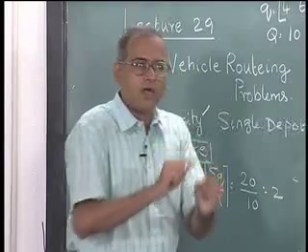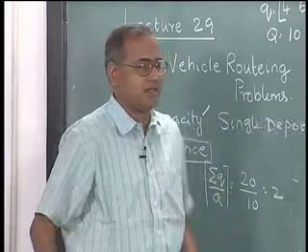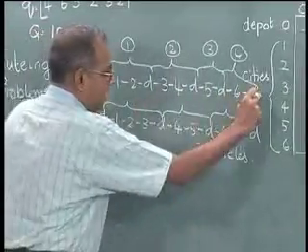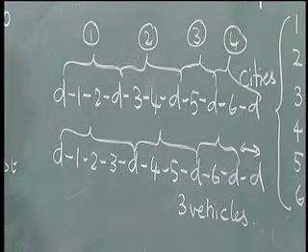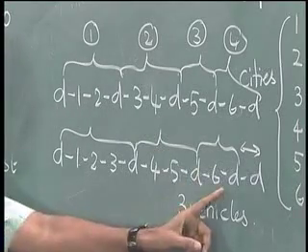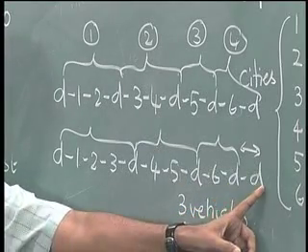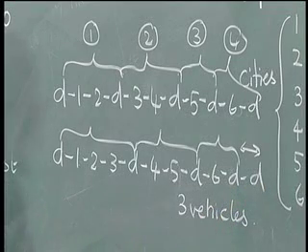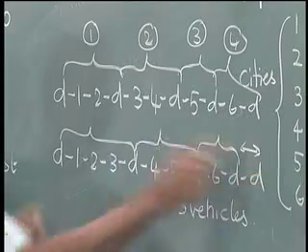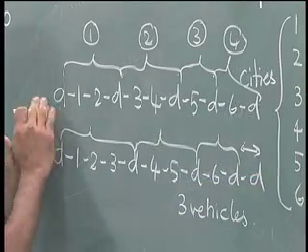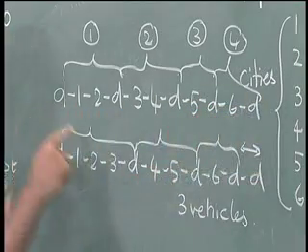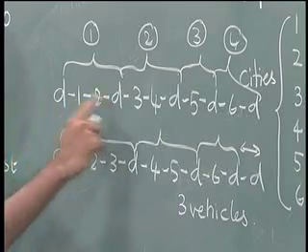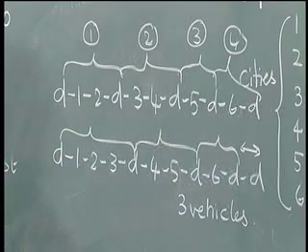So, if we want a solution with 4 vehicles, except for the last, we should not have 2 depots coming nearby. If you have a D-D assignment, then it means that you actually are not using a vehicle as shown here. You always have to end with a depot. So, this one does not have any 2 D's coming next to each other.